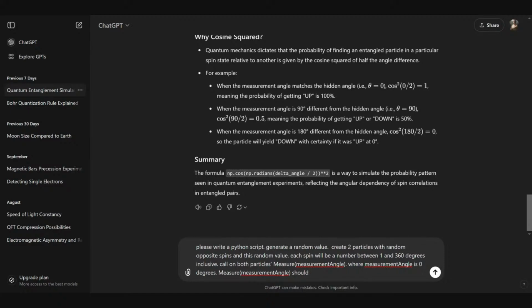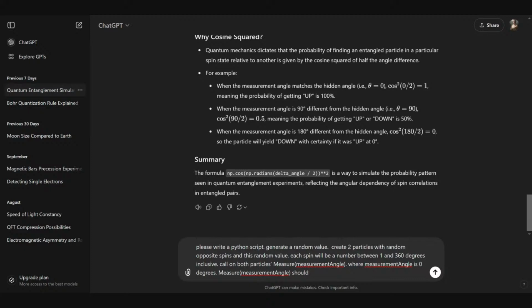But it should weigh based on the difference. The weight of the randomness is not 50%.